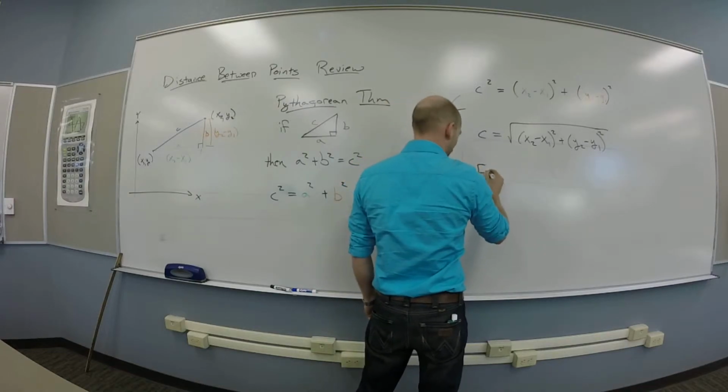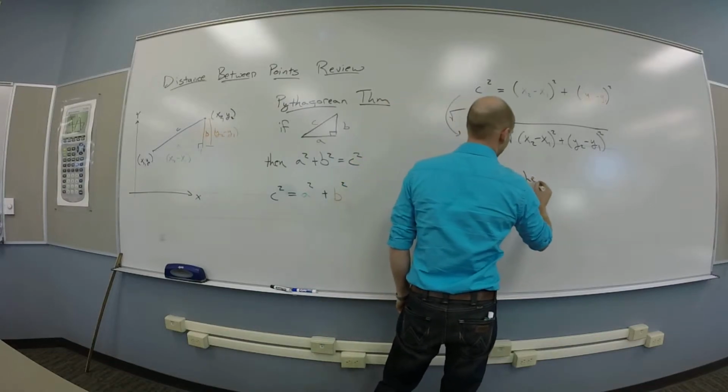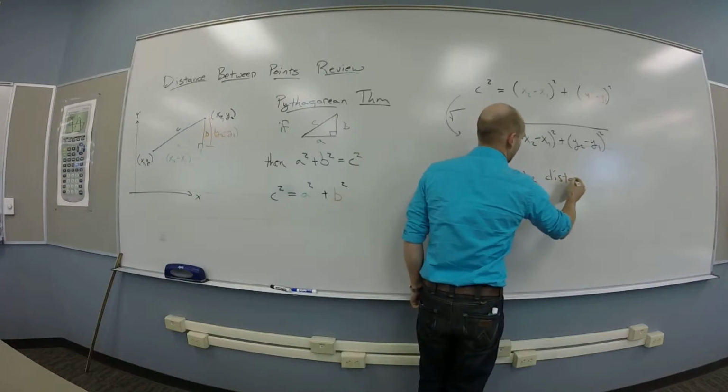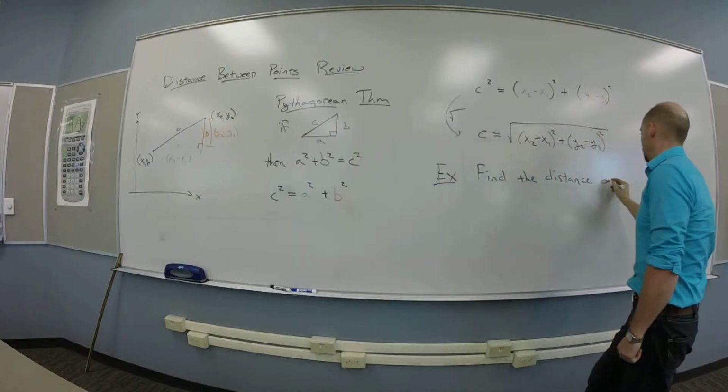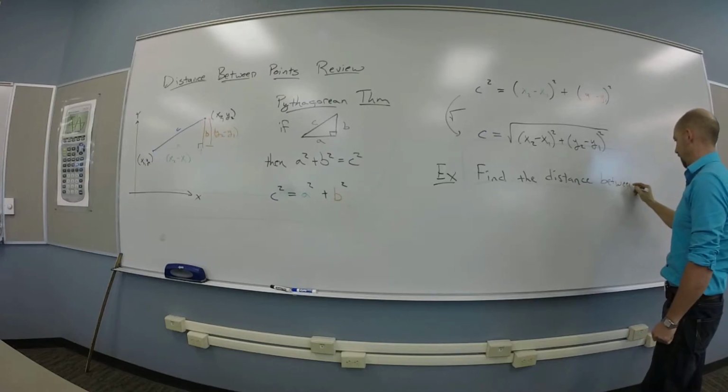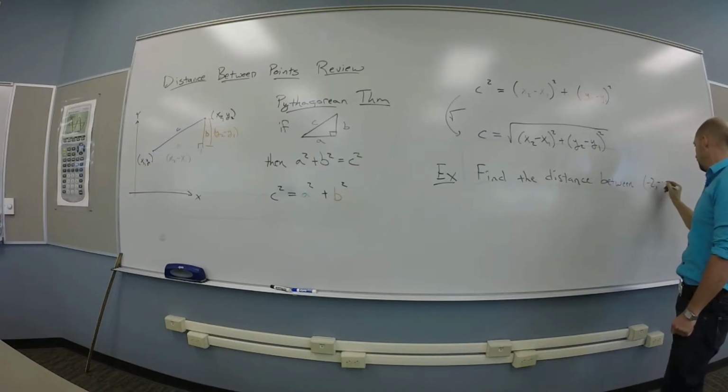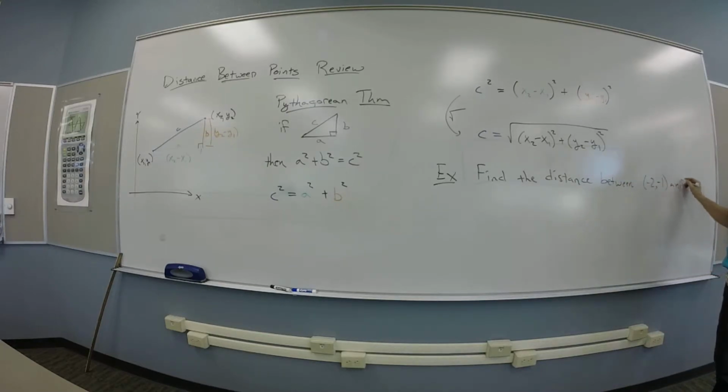How about find the distance between (-2, -1) and (-3, -4). So is this going to cause me problems?